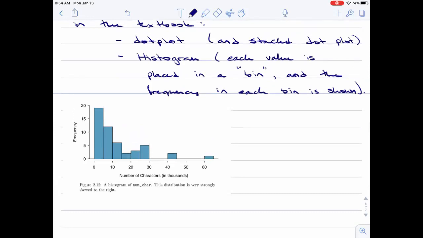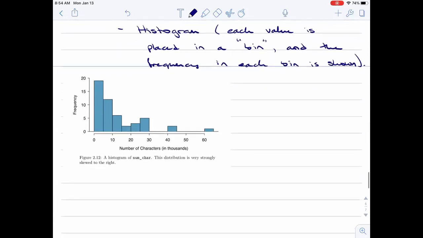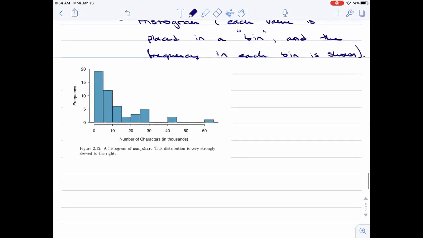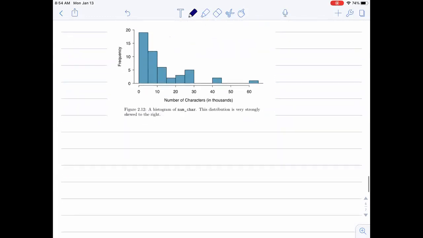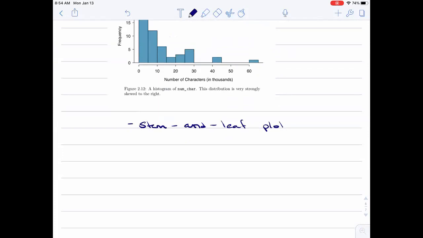We can also do a stem and leaf plot. I'll move this over here. So a stem and leaf plot, I call it a poor man's histogram, right?